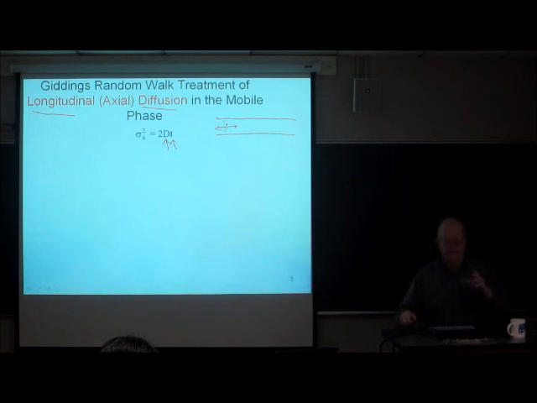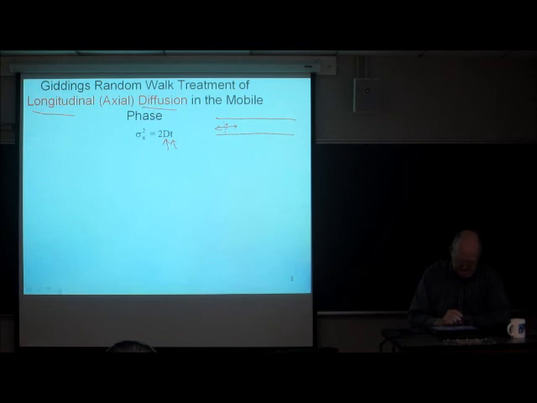So let's think about the process of diffusion in the mobile phase. So the first thing we need to do is come up with an estimate of the effective mobile phase diffusion coefficient. That's this number.